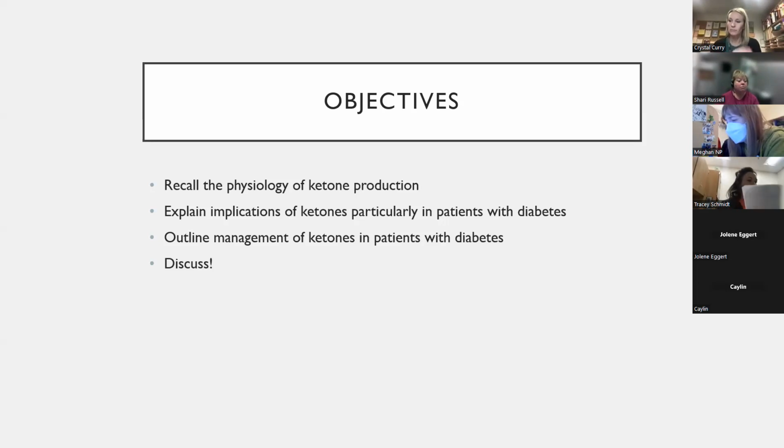And lastly, for patients with diabetes, I also want to outline the management of ketones, some of which can happen at school, some of which should happen at home, and when we should think about escalating to a higher level of care, and lastly, to have that time to discuss.